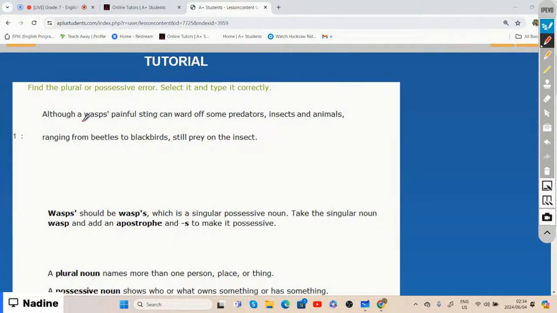So we said this word wasp's needs to be wasp's, right?